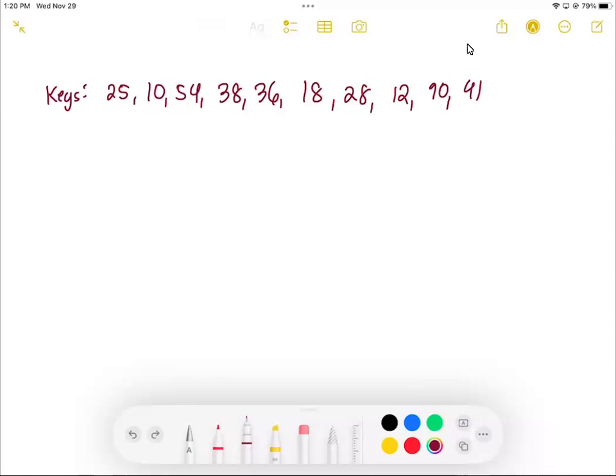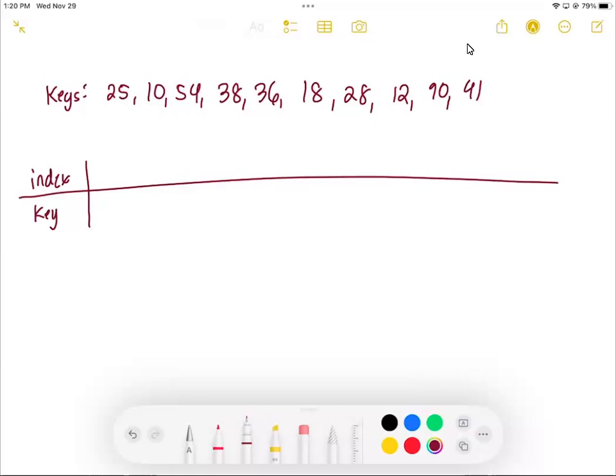Suppose we have these indices, starting at 0. This will be our index and then our key in the hash table. Assuming the number of buckets equals 13. This is just an assumption, it's a given.